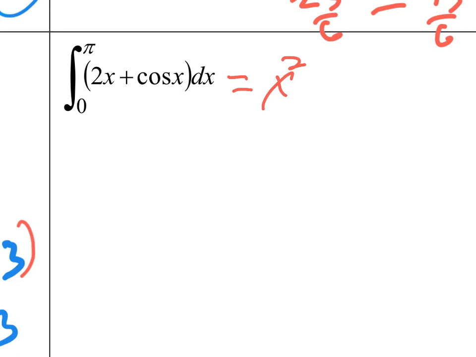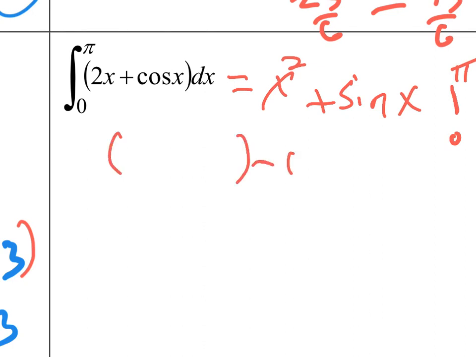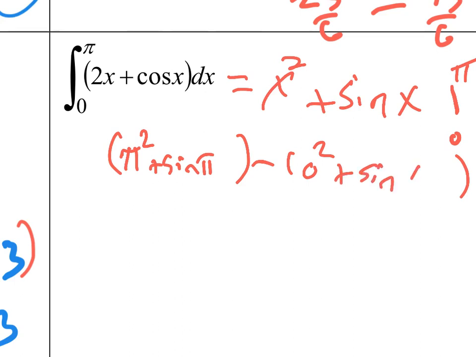No, it's sine. That's right. See, that wasn't that hard after all. All evaluated from 0 to pi. So there are my parentheses. Plugging in the pi: pi squared plus sine of pi minus 0 squared plus sine of 0. Does any of that go to 0?